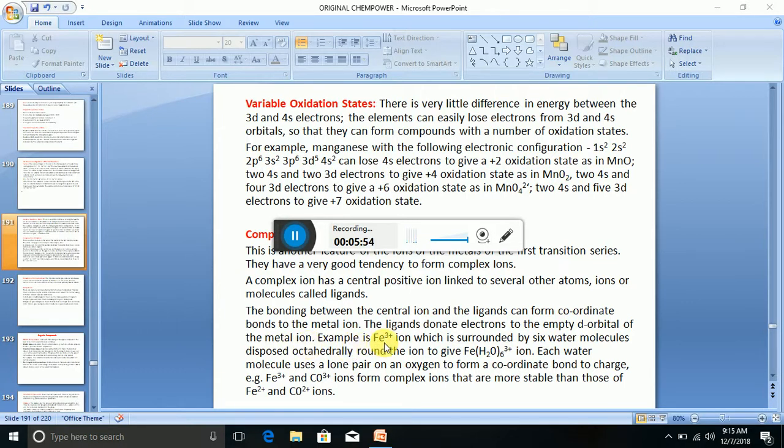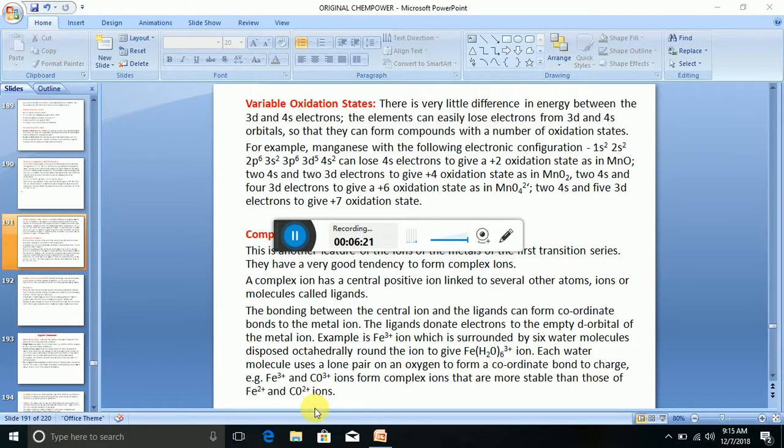An example is the iron(III) ion, which is surrounded by 6 water molecules. These are disposed octahedrally around the ion to give this hydrated ion. Each water molecule uses a lone pair on an oxygen to form a coordinate bond.